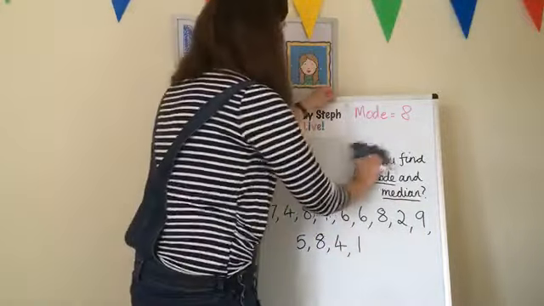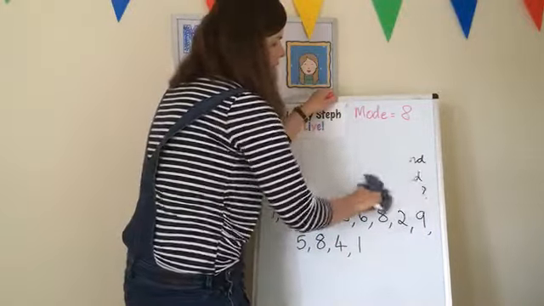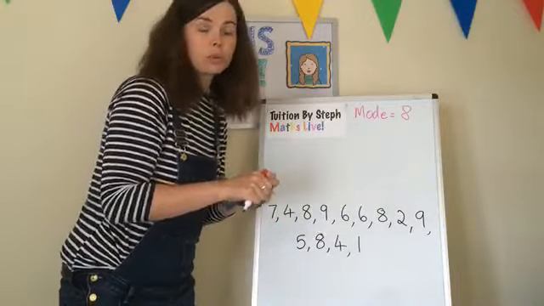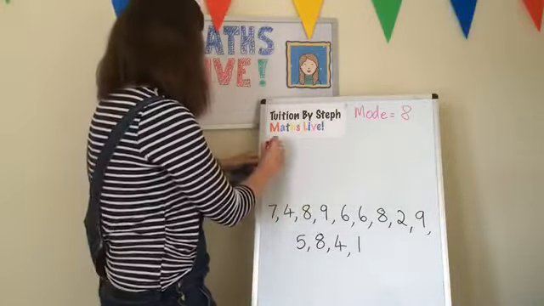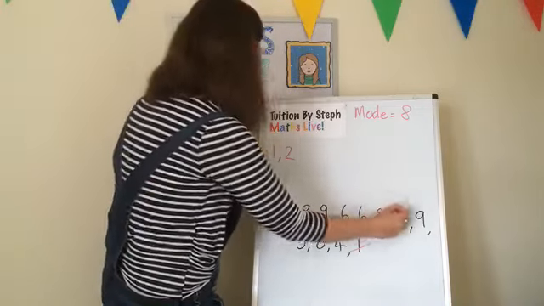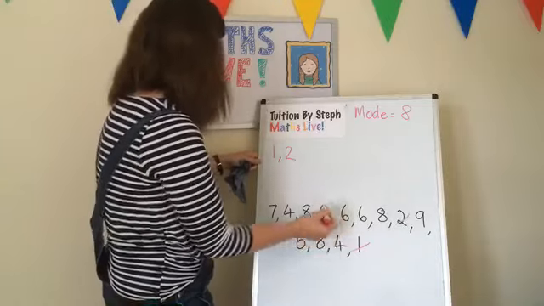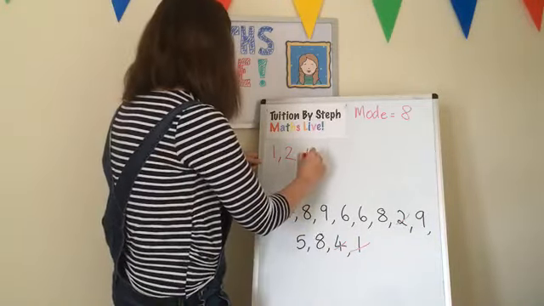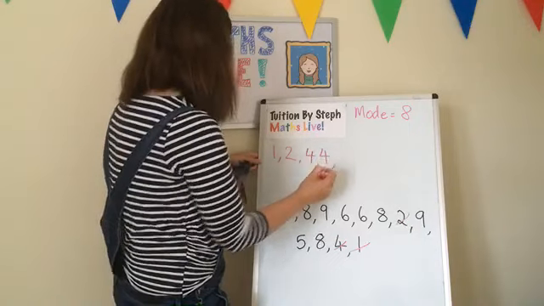Right, median. Remember to find the median, we have to put all the numbers in order, smallest to biggest, and then find out which one is in the middle. I'm going to cross them out as I do it so I know I'm doing it in order. 1, 2, have we got any 3s? No. 4, we've got two 4s.